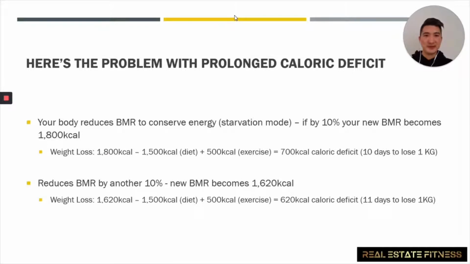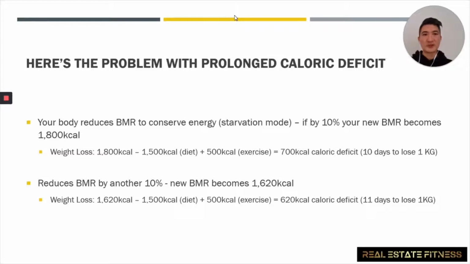It's a survival mechanism. If you're experiencing caloric deficiency for 3 to 4 weeks, then your body might drop your BMR by 10%. So instead of requiring 2,000 calories to survive, it will make adjustments so that you can survive on 1,800 calories a day.